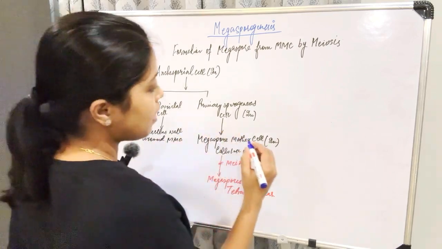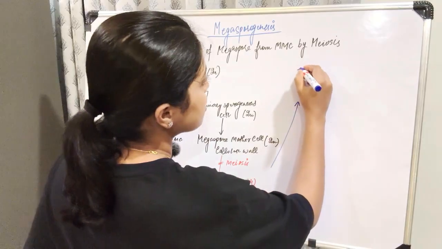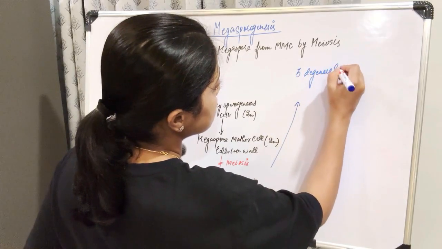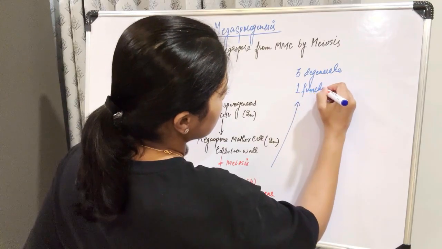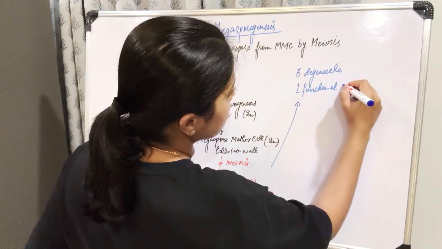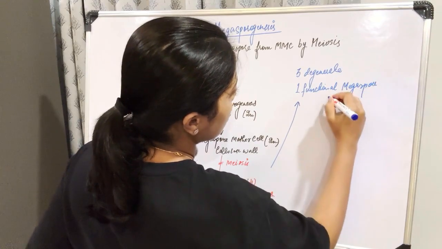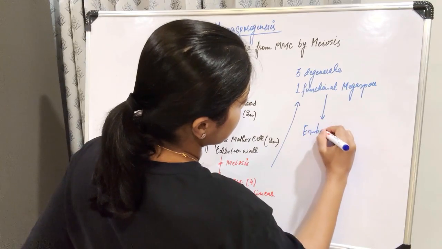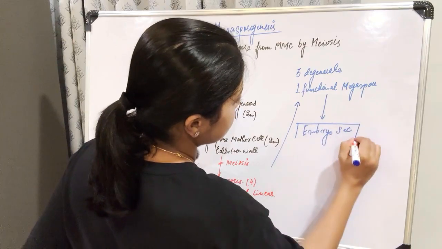Okay, now there are 4 megaspores formed. So in flowering plants, what happens is, out of these 4, the 3 degenerate and there is one functional megaspore left, which forms the embryo sac.